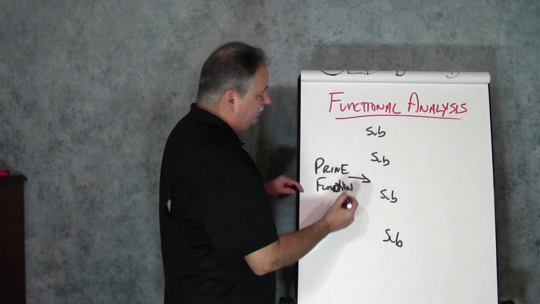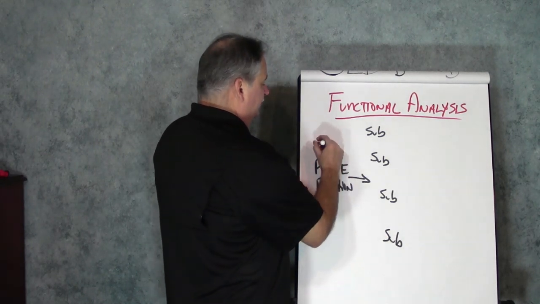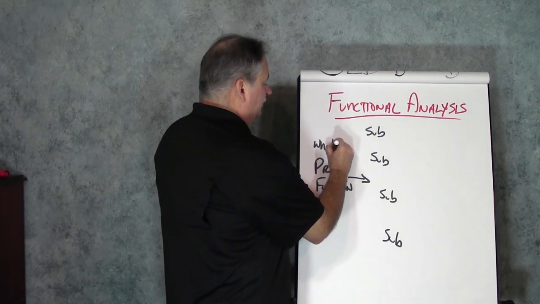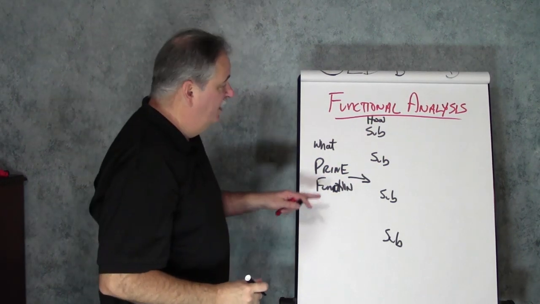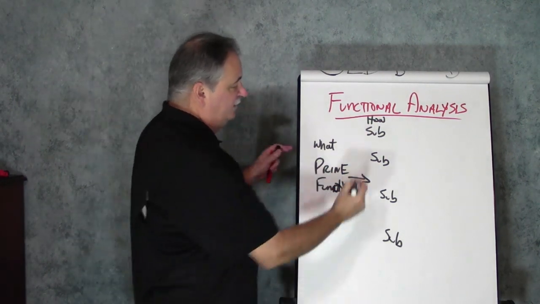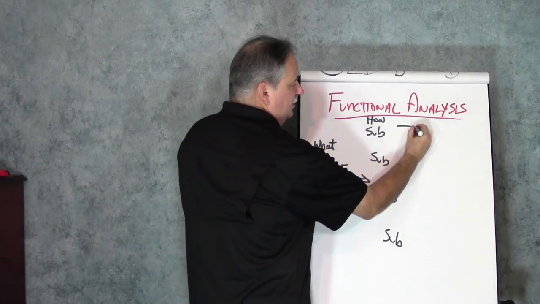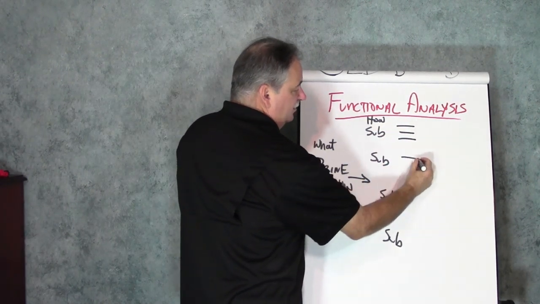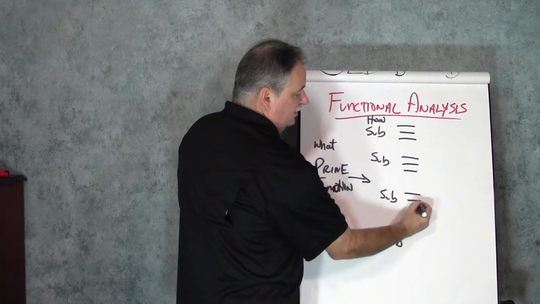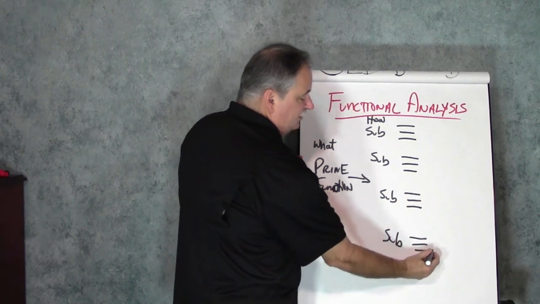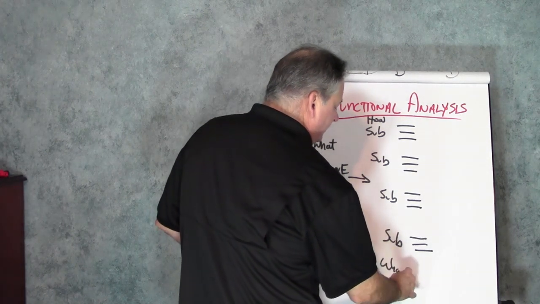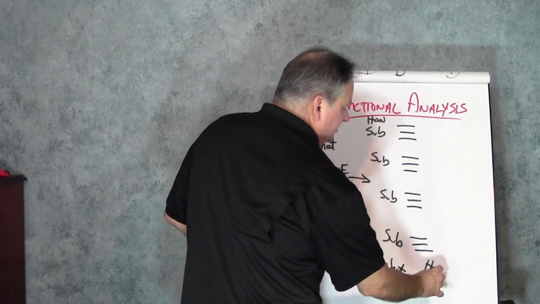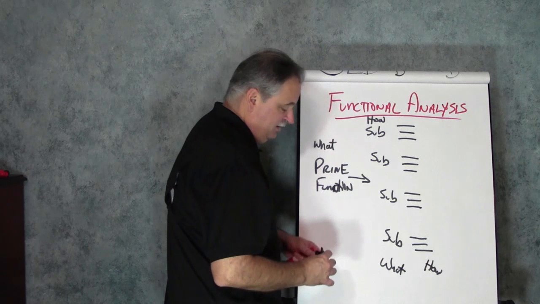All right, and if this is what I have to achieve, then these are the how I'm going to get it done. And then if I look at these sub-functions, there may be some other functions that are going to be required for these to be delivered. And then this now becomes the what, and these become the how.